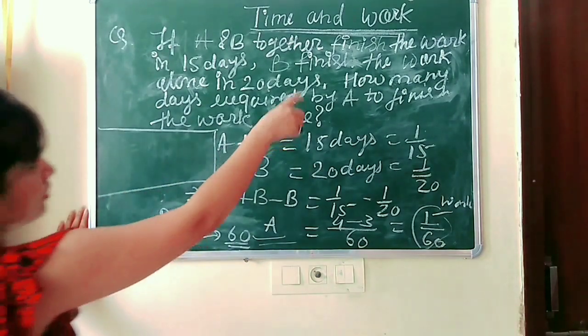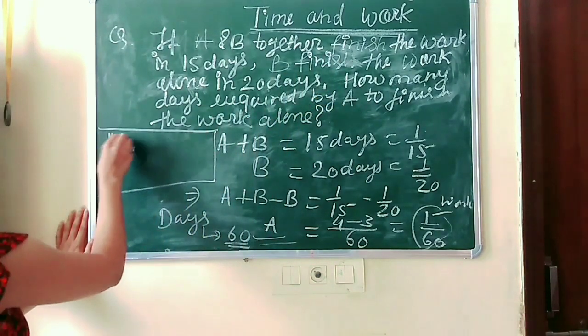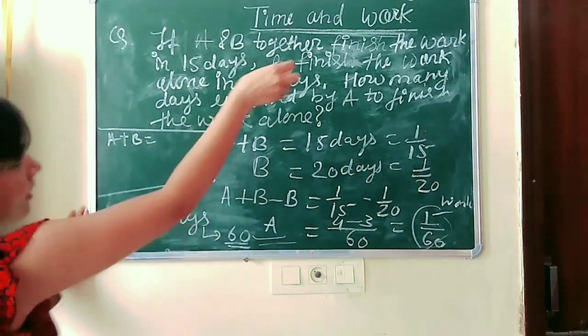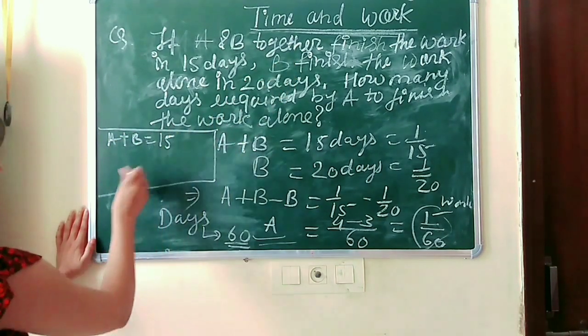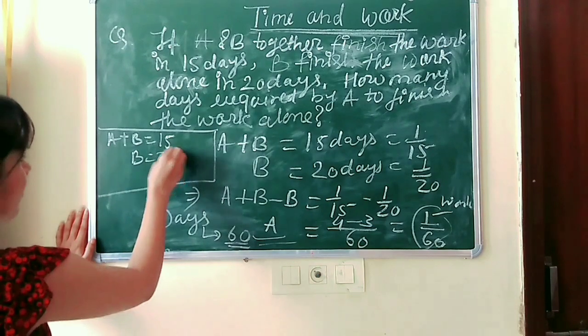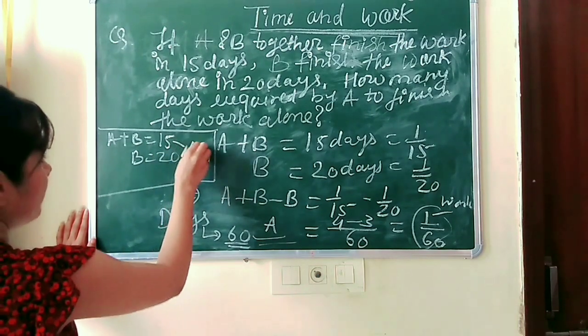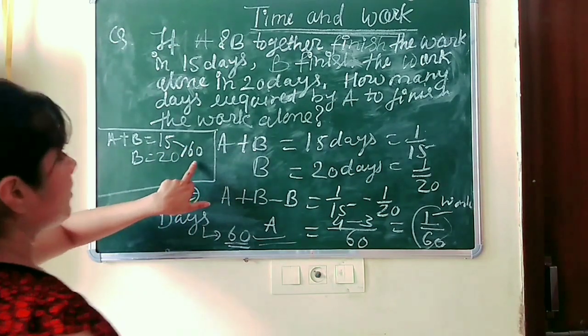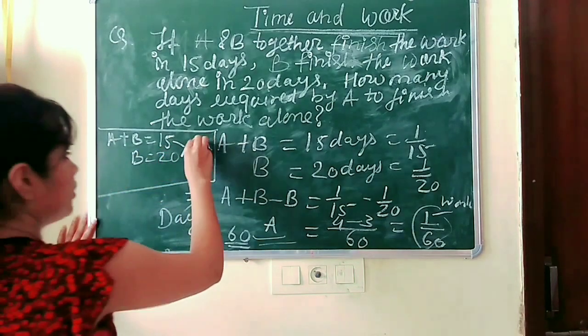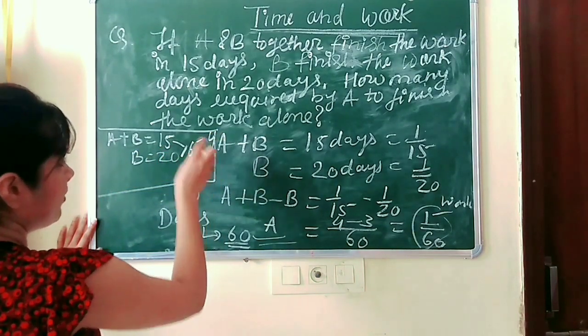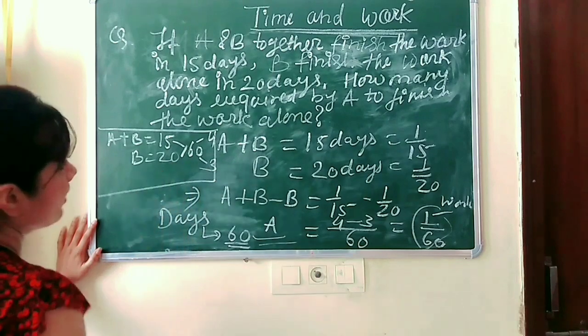Here, A plus B is taking 15 days, and B alone is taking 20 days. We will take the LCM, so we will get 60. Now we divide 60 by 15, so we get 4, and here we get 3.